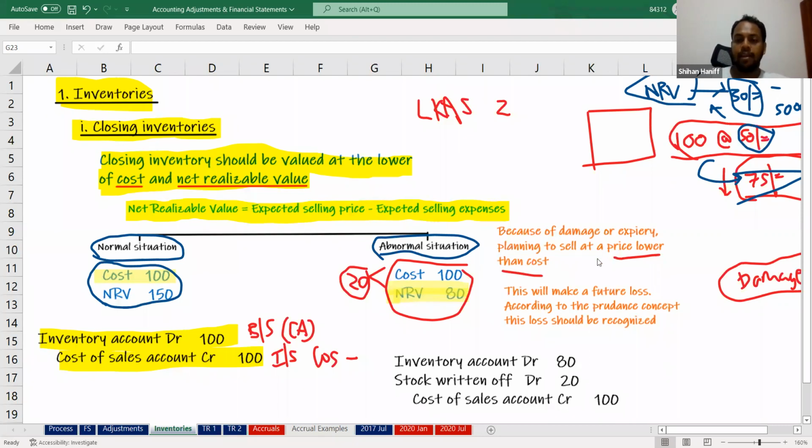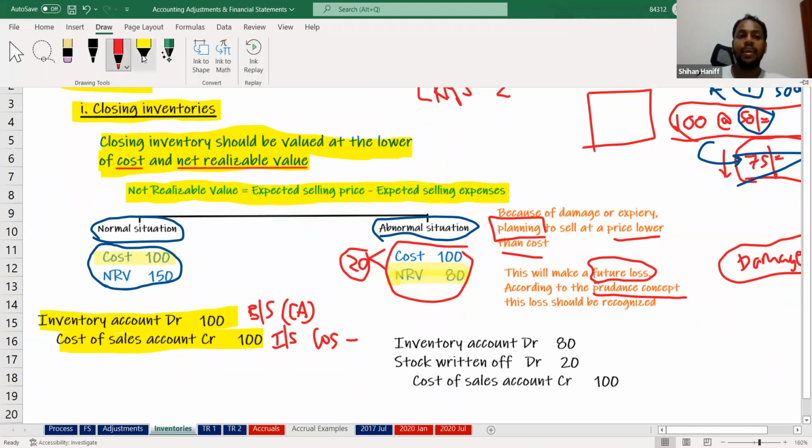You didn't sell it yet, but in future you will sell at a lower price, so this will make a future loss. Any future loss should be recognized based on the prudence concept.